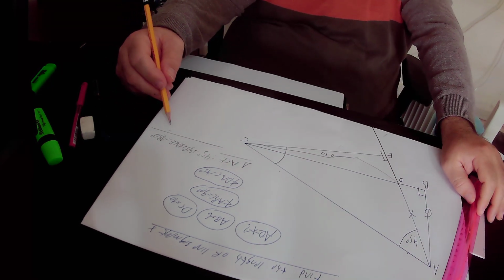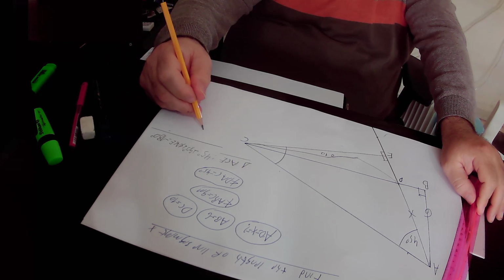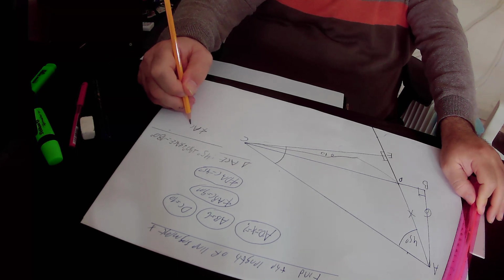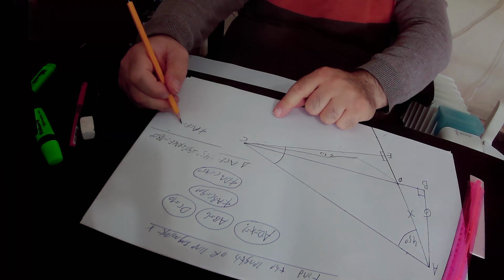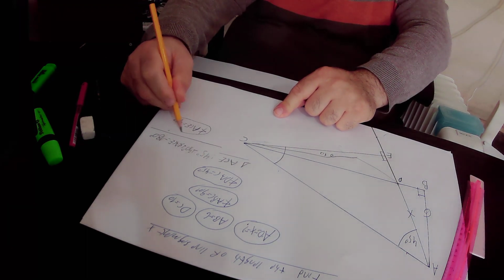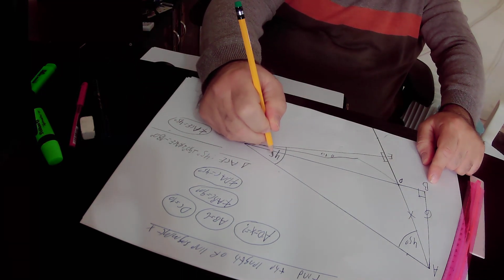Here we subtract 135 degrees from this equation, and we get that the missing angle, angle ACE, is equal to 180 degrees minus 135 degrees, which is 45 degrees. So we found out that angle ACE, this angle, equals 45 degrees.